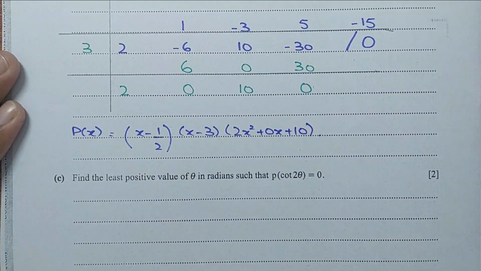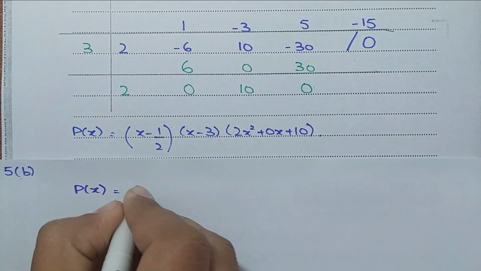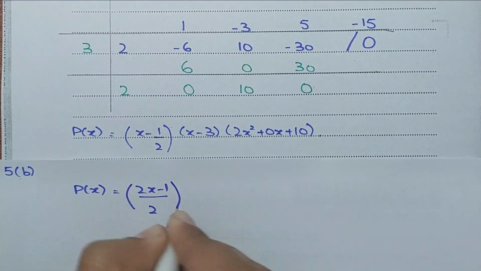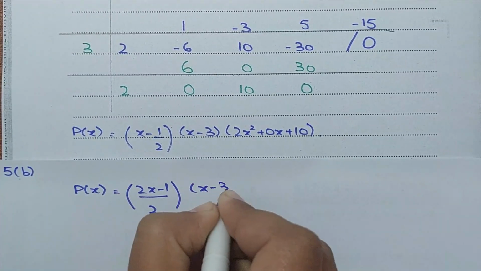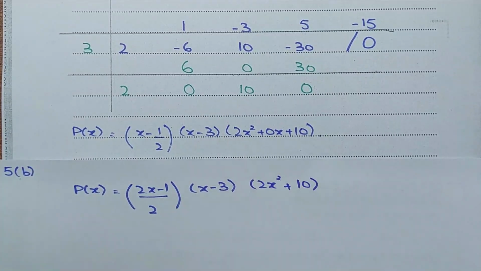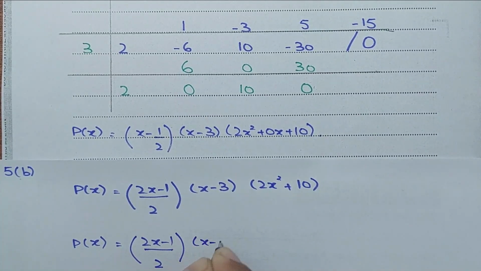Okay, let me factorize it. Now the polynomial P of x is 2 times x minus 1 divided by 2, x minus 3, 2x square plus 10. Okay, now P of x is 2x minus 1 divided by 2, its product with x minus 3.